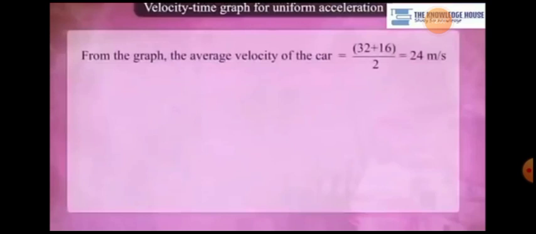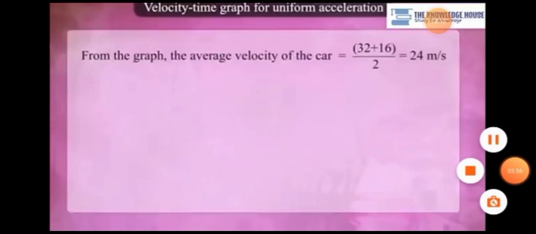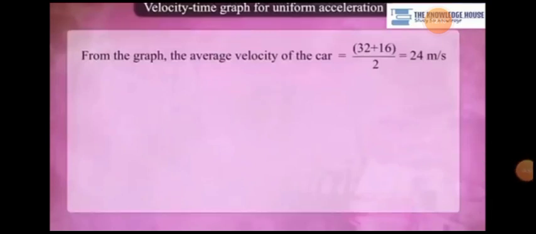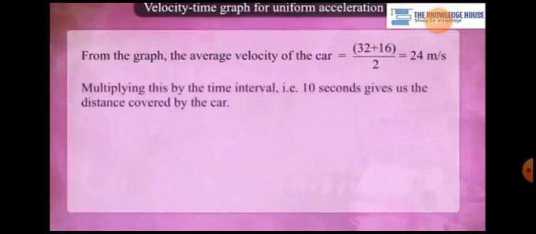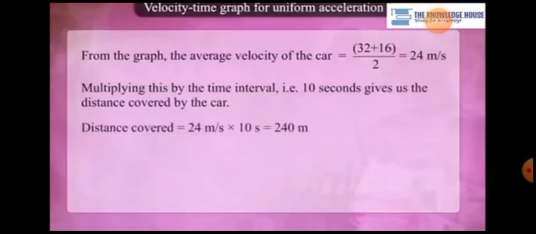From the graph, the average velocity of the car is equal to (36 + 16) divided by 2, which is equal to 24 meters per second. Multiplying this by the time interval, that is 10 seconds, gives us the distance covered by the car. Distance covered is equal to 24 meters per second multiplied by 10 seconds, which is equal to 240 meters.